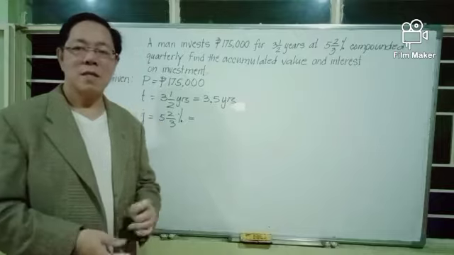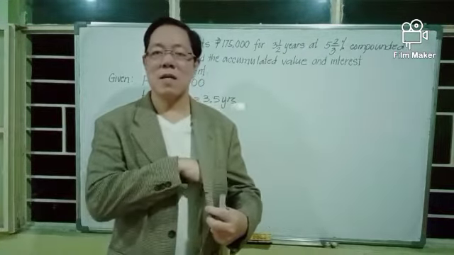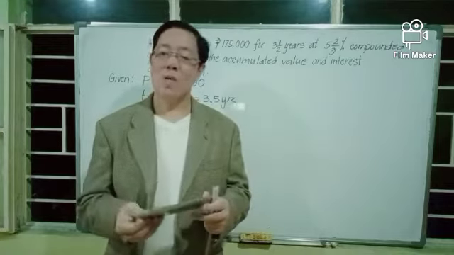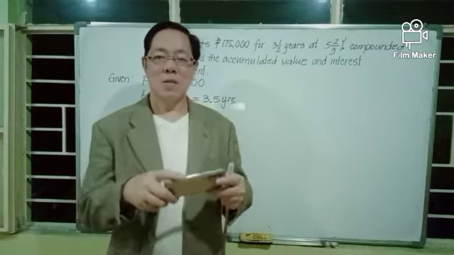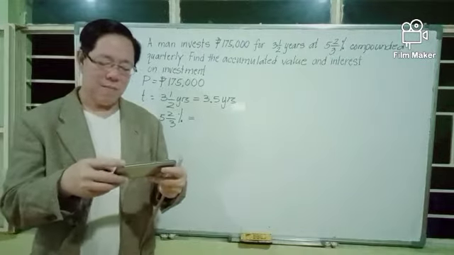In computing the accumulated value and the amount of interest, the interest rate must always be in decimal number. So we convert 5 2/3% to a decimal number.